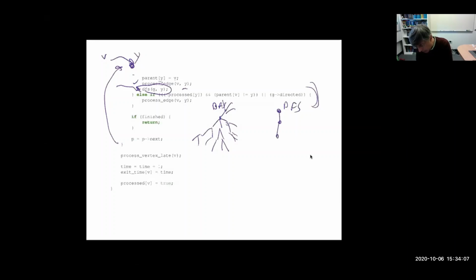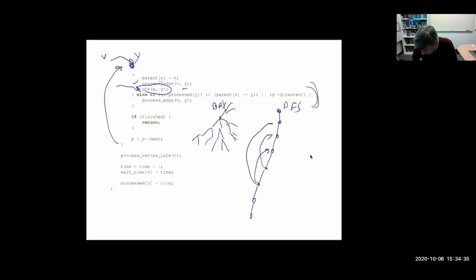I discovered somebody else. Maybe I have some edge going back. I discovered somebody new. I have an edge going back. Ooh, discovered somebody new. In a depth-first search tree, you're trying to discover things as quickly as possible rather than radiating out from something. Any questions?